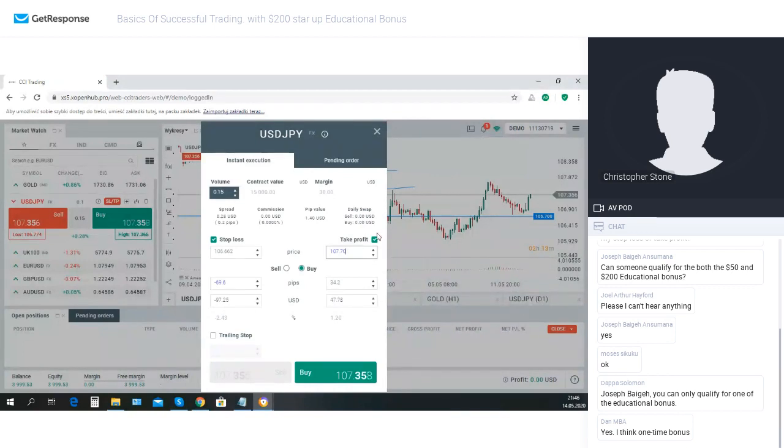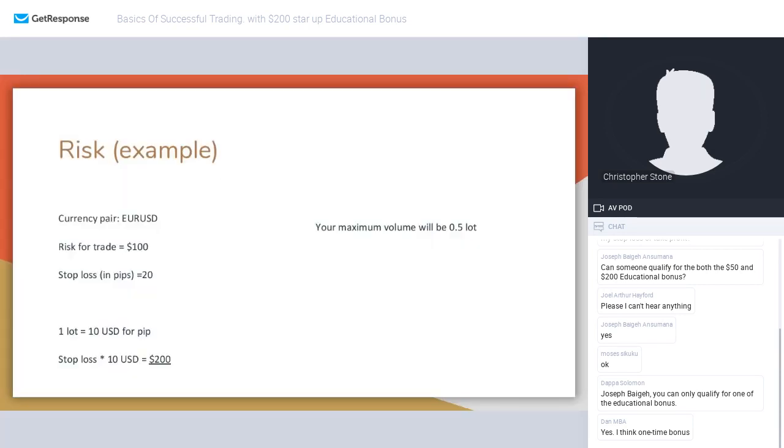But if you look at the stop loss and take profit amounts in US dollars, you will see that in this particular trade I can lose more than I can earn.